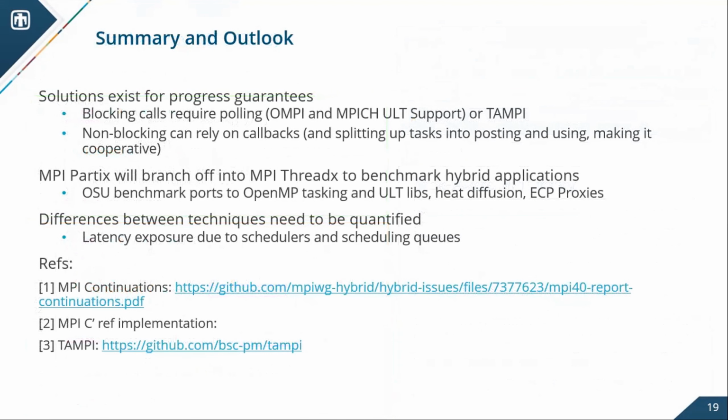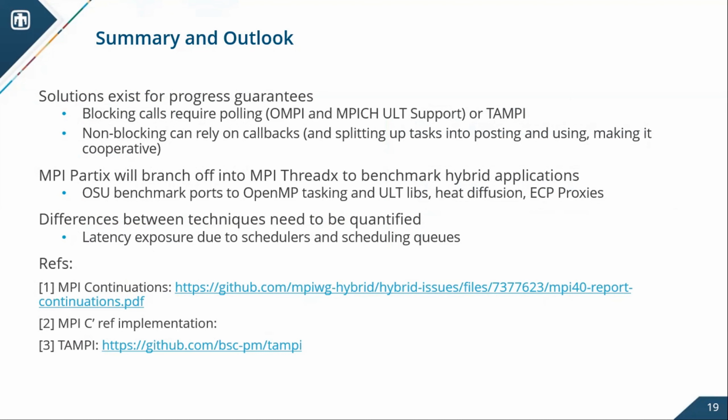So this brings me to my summary and outlook. I would like to communicate that solutions exist to guarantee progress. To support blocking calls, you have the option of using the Open MPI or MPICH feature, which periodically polls on blocking calls and locking data structures that are internal to Open MPI into the task library.